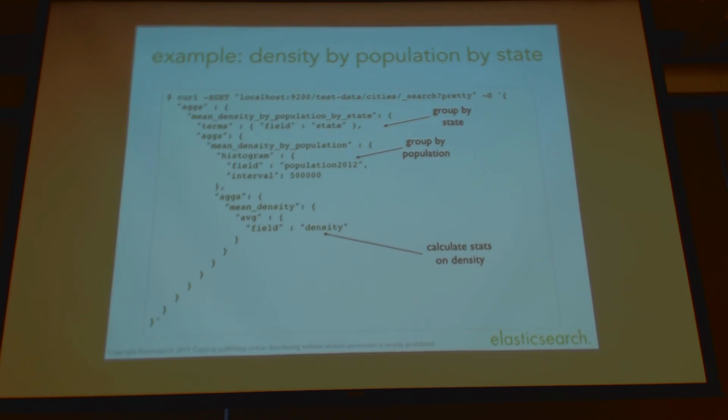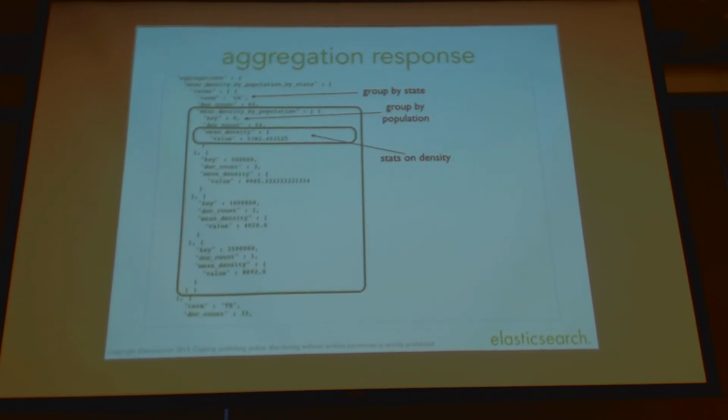So we can make states our top-level bucket, and then we can make another bucket for population, and within that we can have a mean density calculation. So as you can see, we can take our top-level buckets and keep subdividing and subdividing. In this case we have a state, California, and we've first bucketized by population.